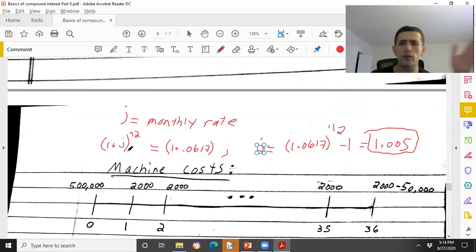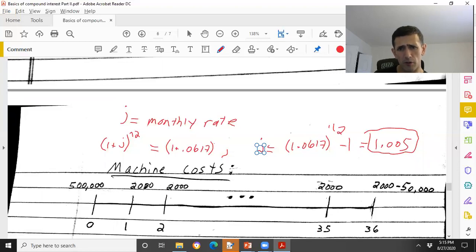So we're just doing a time value or equation of value with costs. So here costs are going to be positive. That means when I sell the machine, that's going to be negative, because negative cost is revenue. So we have the 500,000 cost that we make at the very beginning.